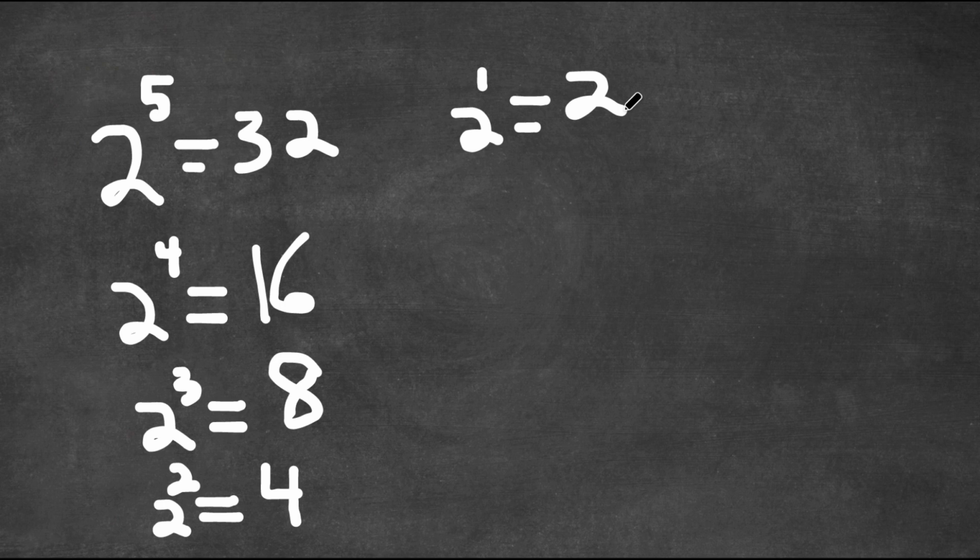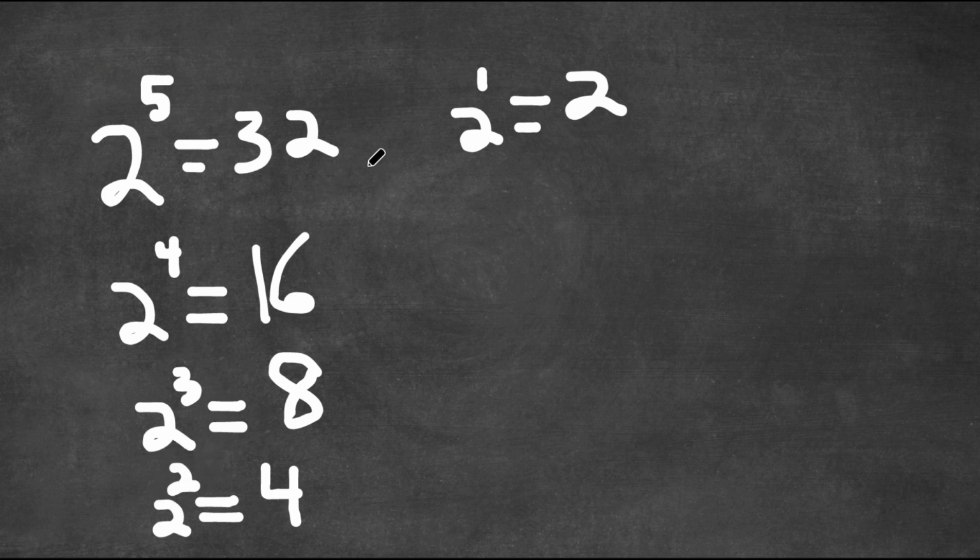And remember, exponents are when our base, which in this case is 2, is multiplied by itself x amount of times, x being our exponent. So 2 to the power of 1 is 2 because 2 is multiplied by itself 1 time. 2 to the power of 2 is 4 because 2 is multiplied by itself twice, 2 times.